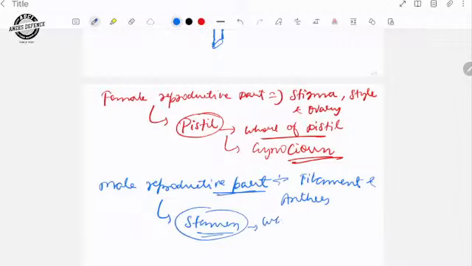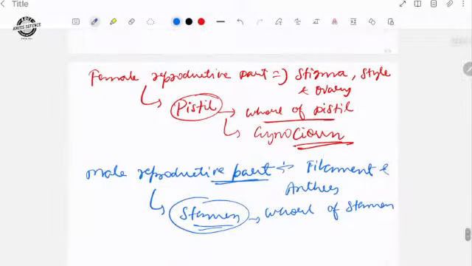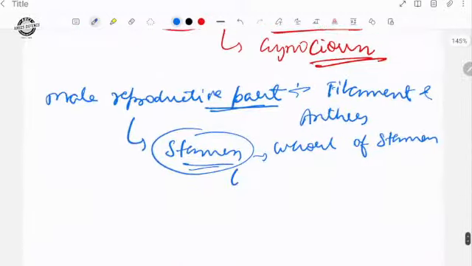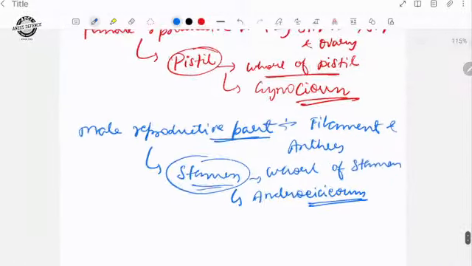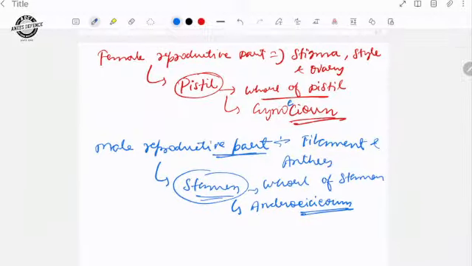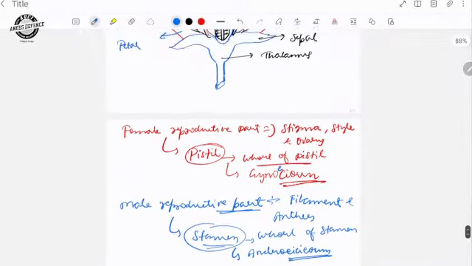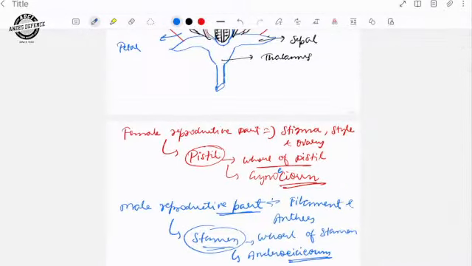The whorl of stamens, if present in any flower, is termed as androecium. Understood? Gynoecium and androecium, you should remember these terms for the male and female reproductive parts. Now we are going to see how reproduction occurs in flowering plants.